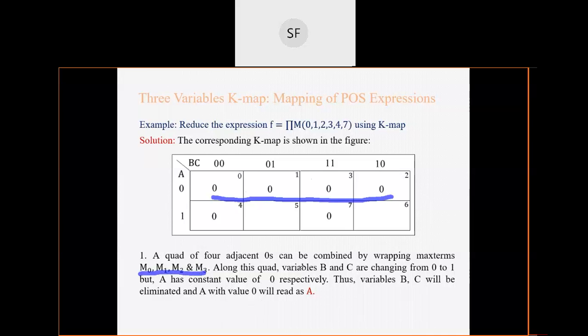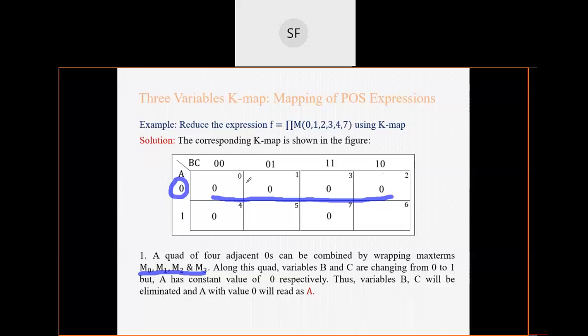So now along this quad, next thing, okay, you have made the combination. Then you have to observe which variable is actually varying along that particular combination. So if I observe these four, tell me which variable is varying. Just observe this. The value of A is same for all four cells.